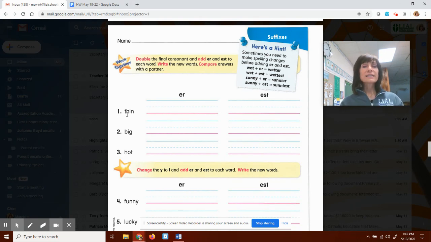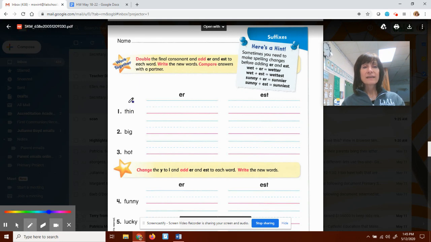So we're going to take a look, and we have thin. If I have a word such as thin, I have the vowel of I here, and N is my consonant. So I know I need to double that consonant. If I'm changing my spelling from thin to thinner, I want to make sure I add the double consonant.